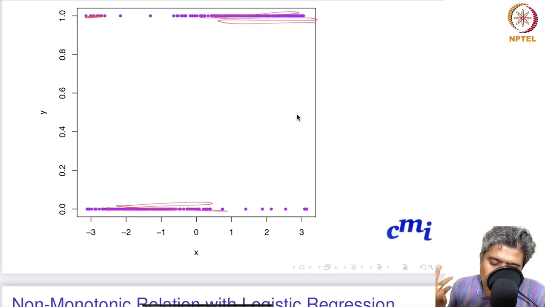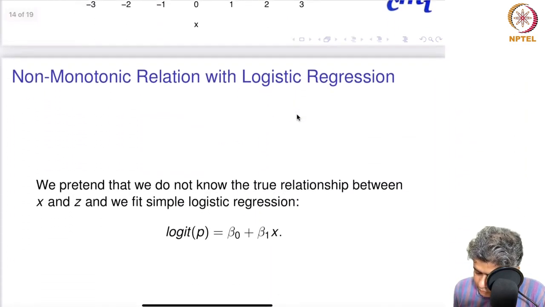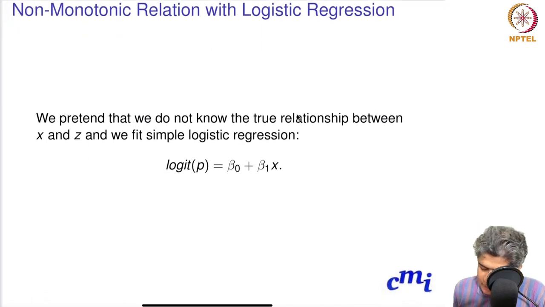In real life we do not know the Z values. All we have are the values of Y, which are either 0 or 1. So we pretend that we do not know the true relationship between X and Z, and we simply fit a simple logistic regression, logit P equal to beta naught plus beta 1 X.